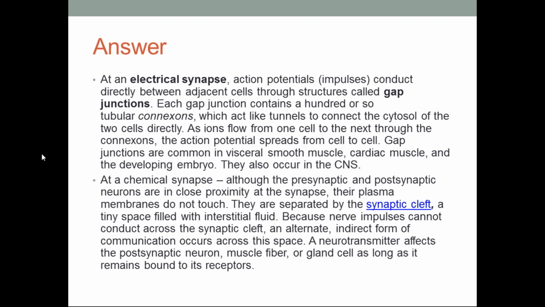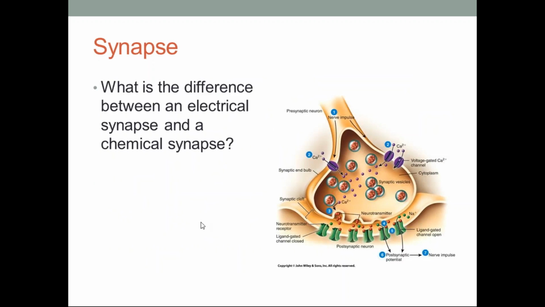It's filled with interstitial fluid, and because nerve impulses cannot conduct across the cleft, an alternate indirect form of communication occurs. A neurotransmitter affects the postsynaptic neuron, muscle fiber, or gland as long as it remains bound to its receptors. So we can see the chemicals here. They're going to be released into the cleft. They're going to bind to the receptor.